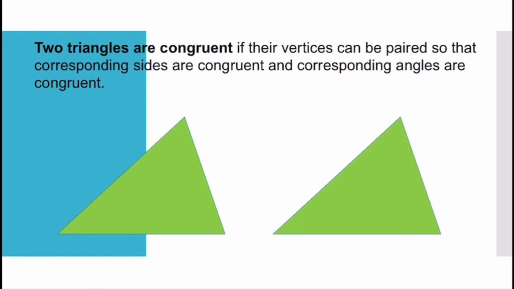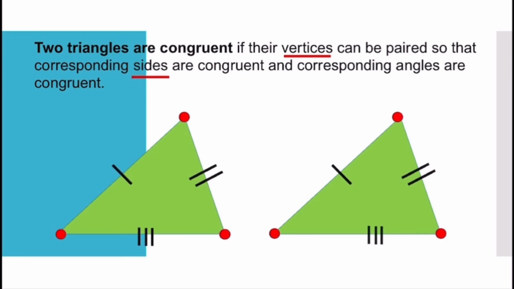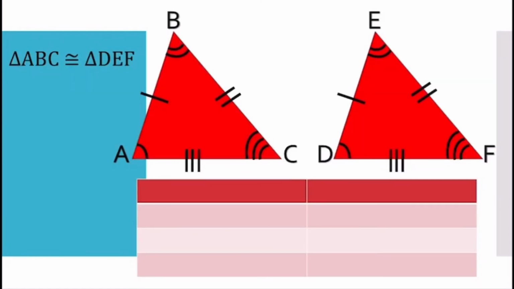Two triangles are congruent if their vertices can be paired so that corresponding sides are congruent and corresponding angles are congruent. For our first example, triangle ABC is congruent to triangle DEF.